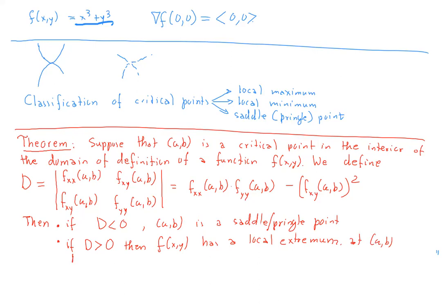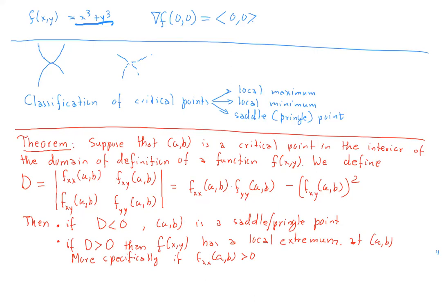More specifically, in this case, in other words, if fxx at AB is positive, think about your knowledge of functions of one variable. If you have a second derivative positive, then that means that the function is concave up. Concave up is exactly the shape of a smile, which is the shape of a local minimum.